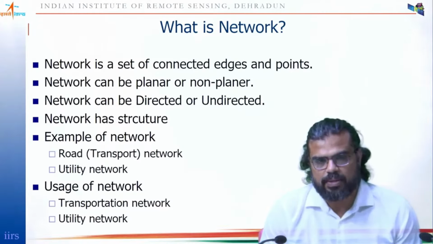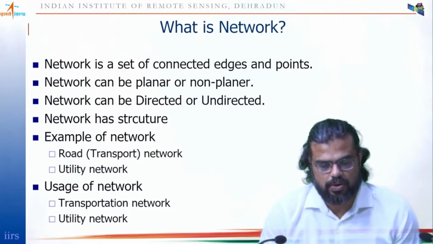What it means is that you may have routes or edges which may cross each other without having any connecting point. If that is the case, then those are called non-planar networks, and otherwise planar networks. We'll also see a few examples of them at later stages.